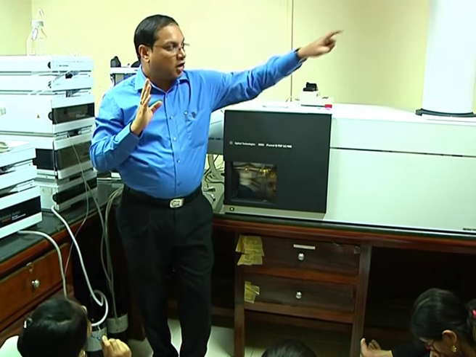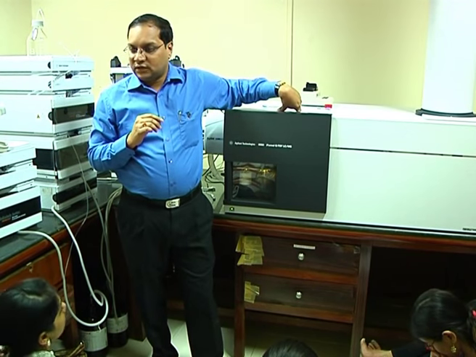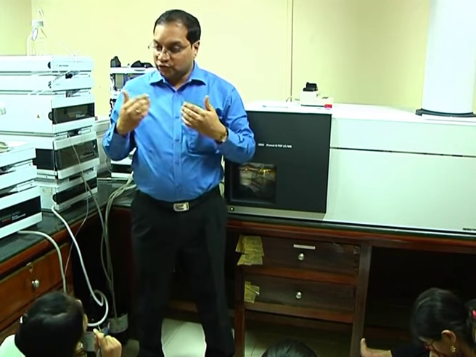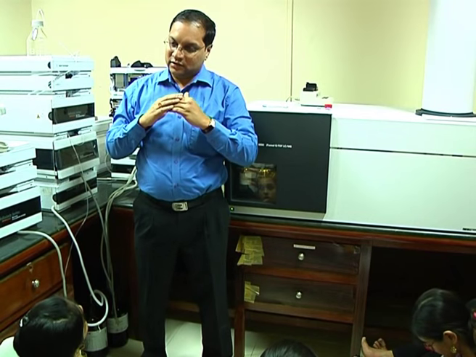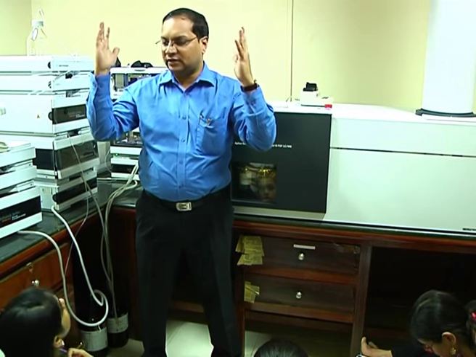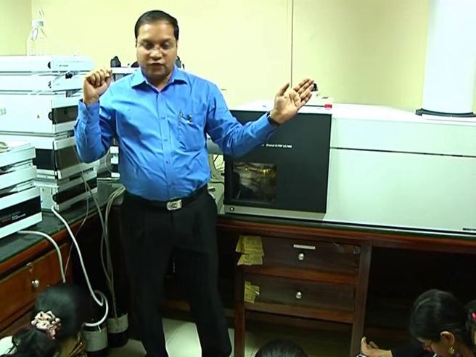The decision engine of the time of flight will decide what to fragment at what time, depending upon the inputs given by the user. So the user will define that it should look for peptidic isotopic pattern, and look for only those peptides with a certain abundance level threshold. Based on that, it will look for them.